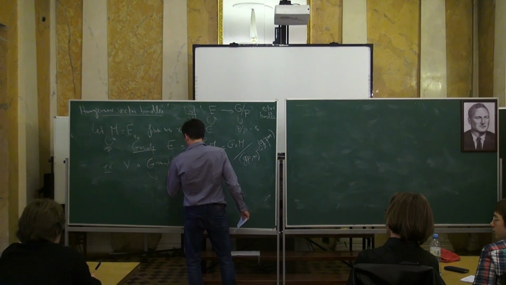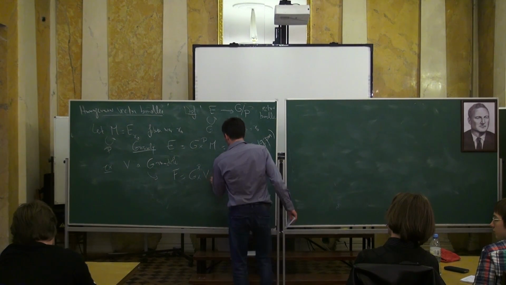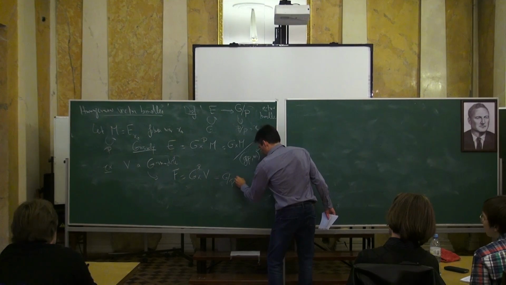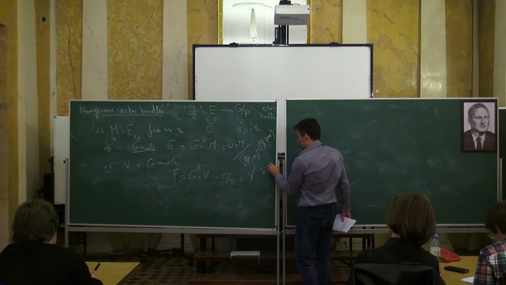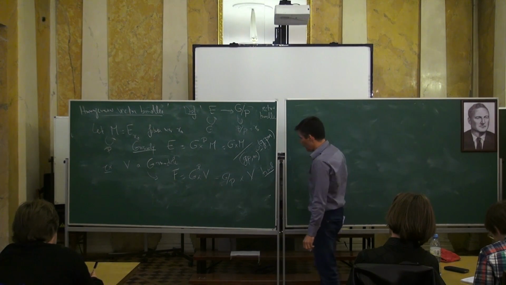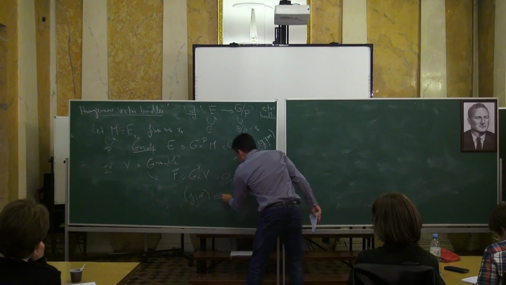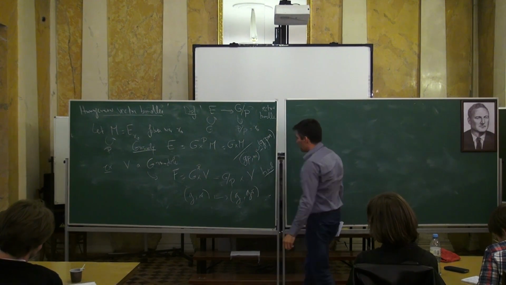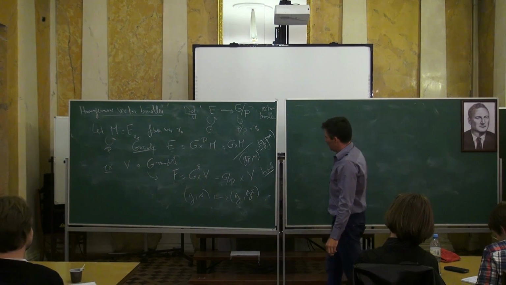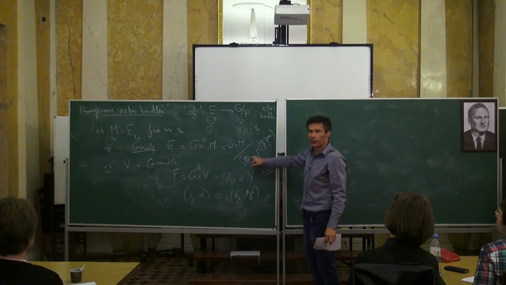And the claim is that the corresponding bundle is really trivial as a G bundle on G mod P. You check this by using the map, and you see that it is compatible with the relation by which you mod out.